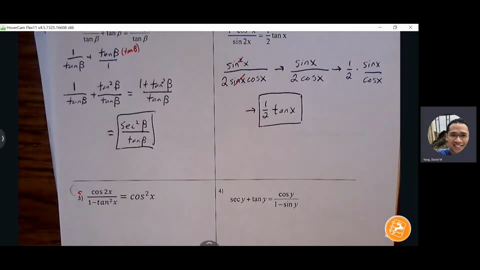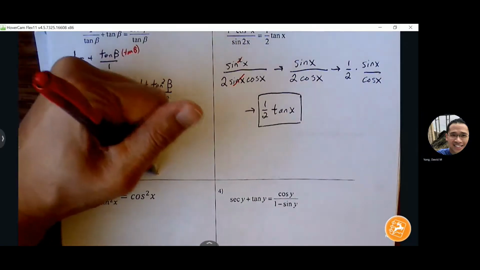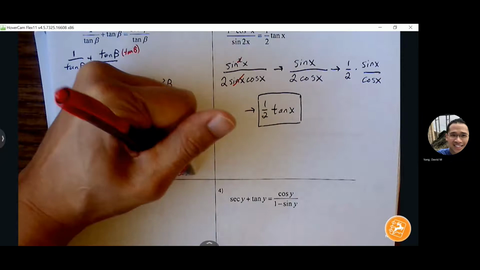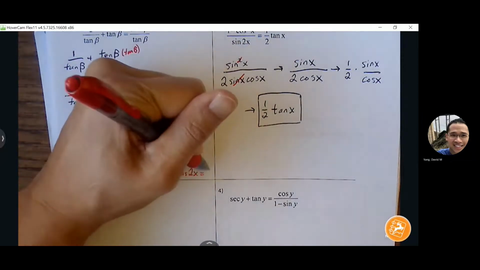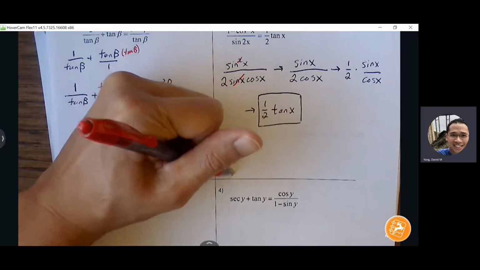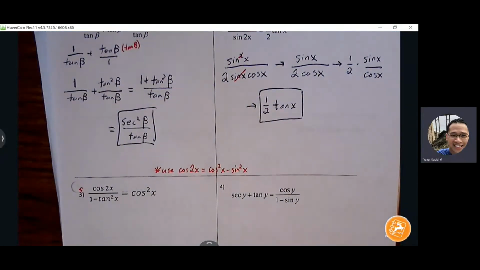Okay, for number 3, it's a little tricky here, but a couple of hints. I know there's a couple of options to choose from, but use the cosine squared minus sine squared x.